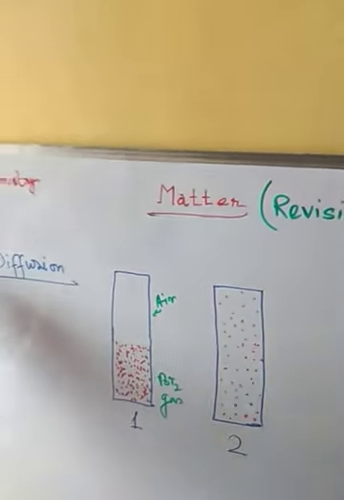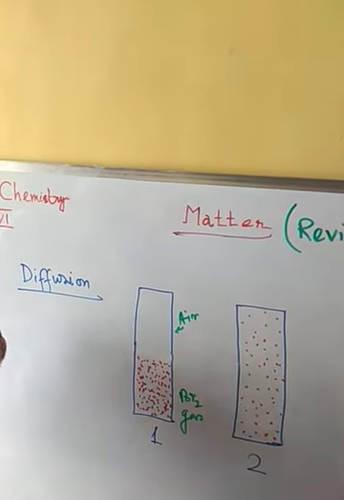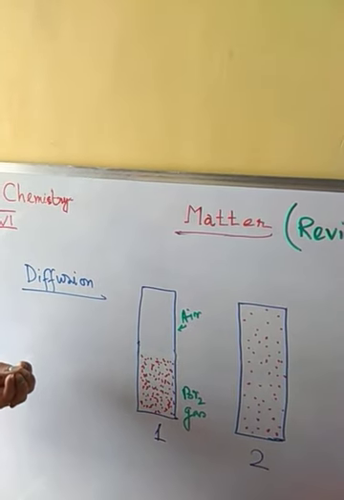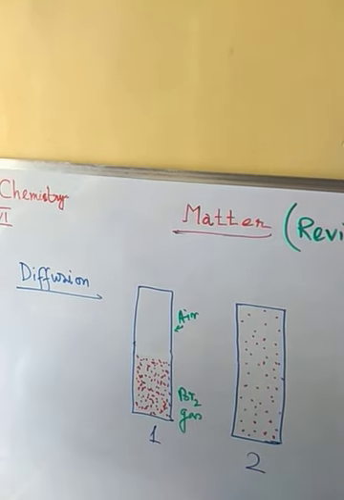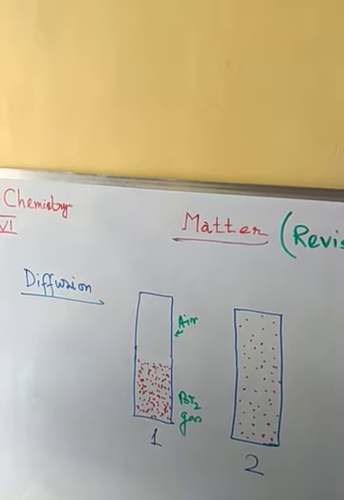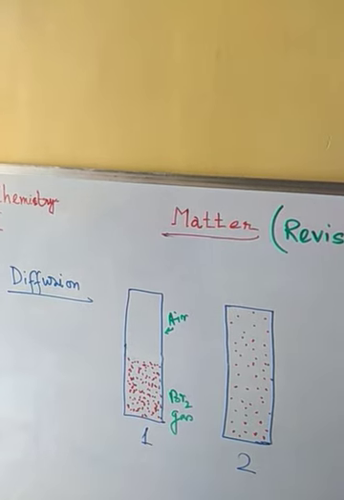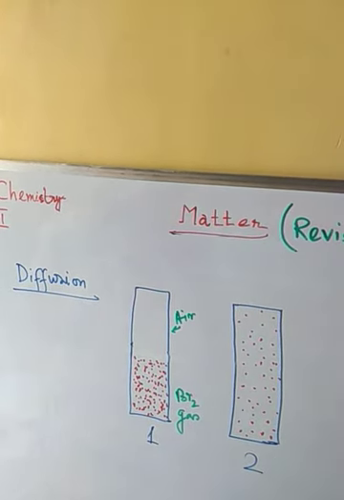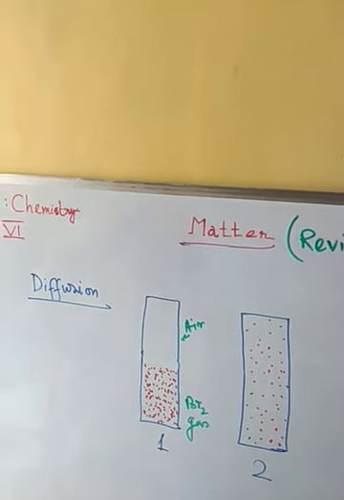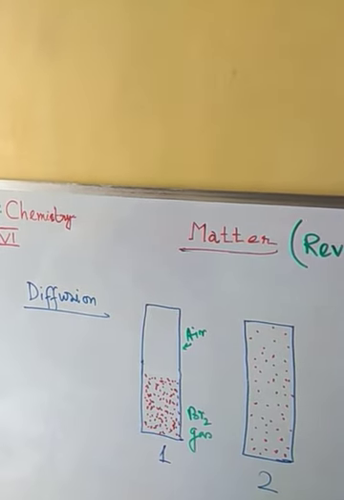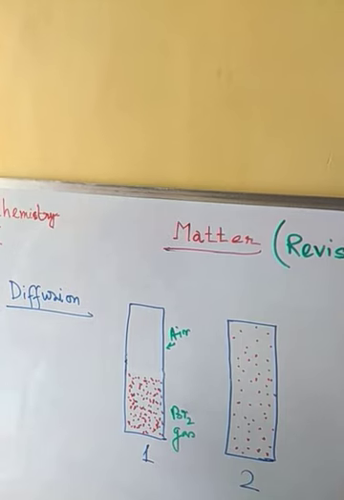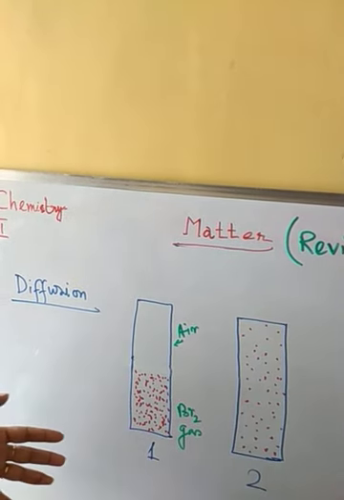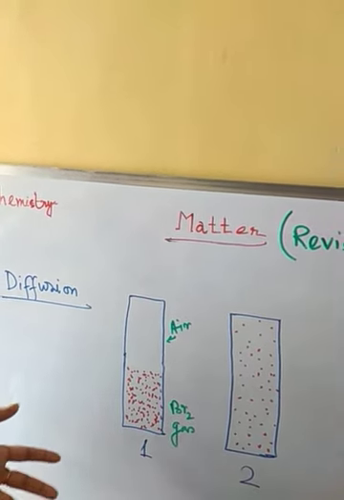This diffusion we can see in our daily life. We can see different examples of diffusion. For incense stick, if we light an incense stick in a room, then we can smell the fragrance of this incense stick all over in the room as well as outside of the room also.